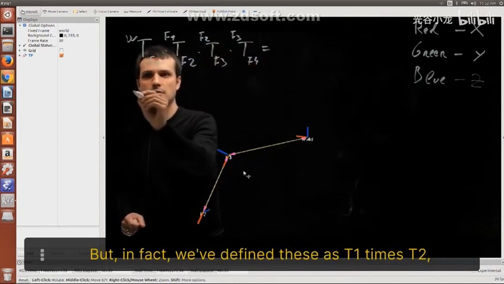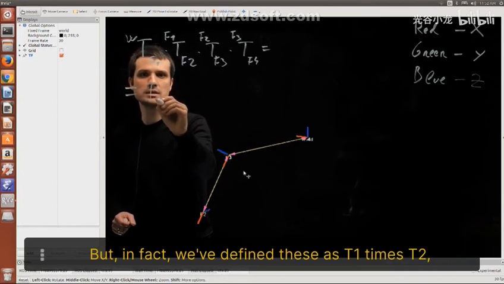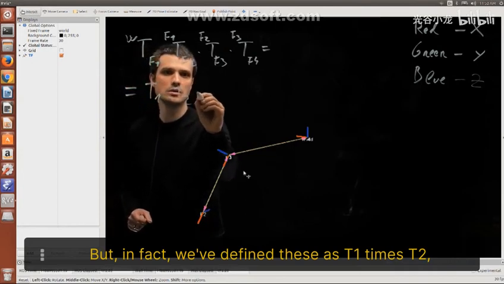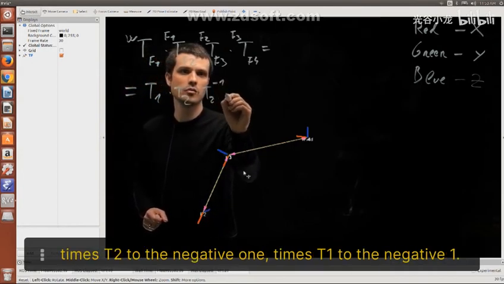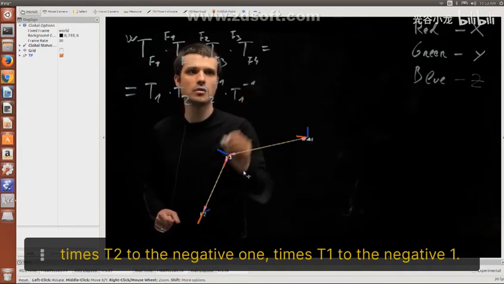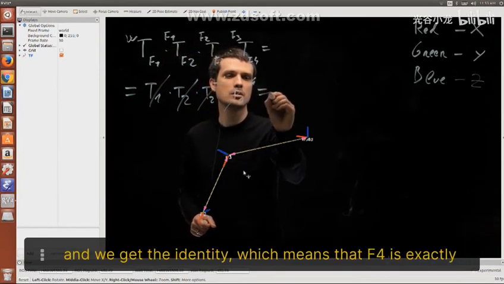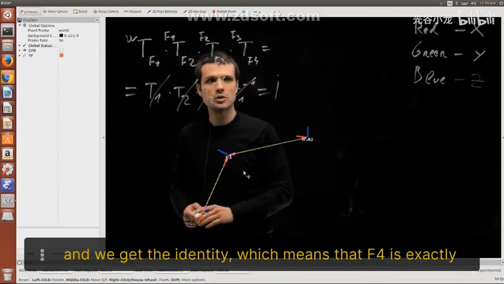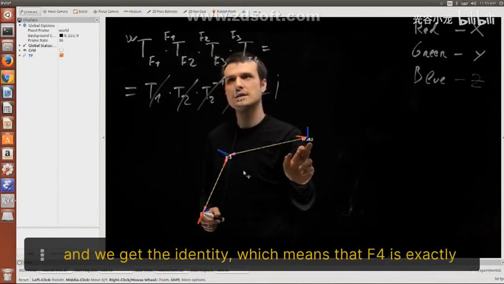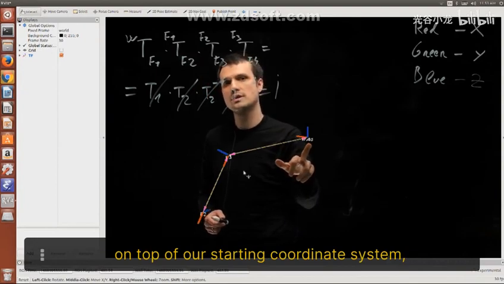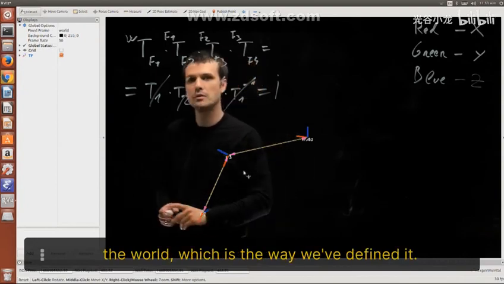But in fact, we've defined these as T1 times T2 times T2 to the -1 times T1 to the -1. So these cancel out, then these cancel out, and we get the identity, which means that F4 is exactly on top of our starting coordinate system, the world, which is the way we've defined it.